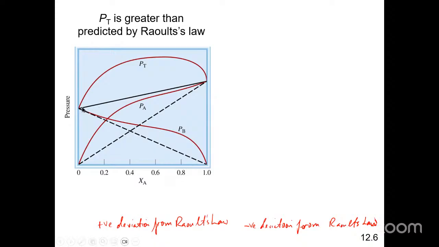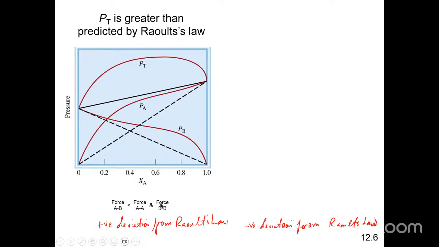So you'd expect that this would be what would happen in the case of an ideal solution. What you'll find instead is that the total pressure is this right here, right? As stated here, the total pressure is greater than what is predicted by Raoult's law.